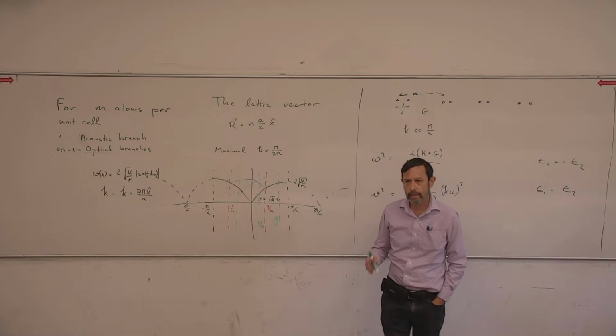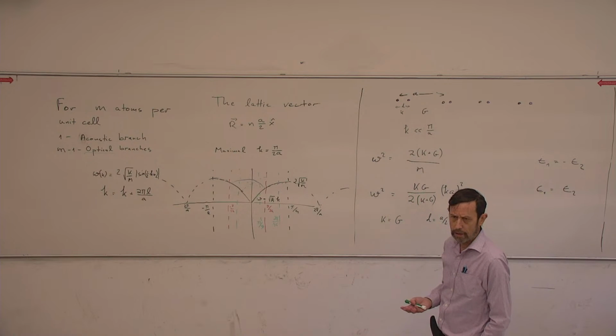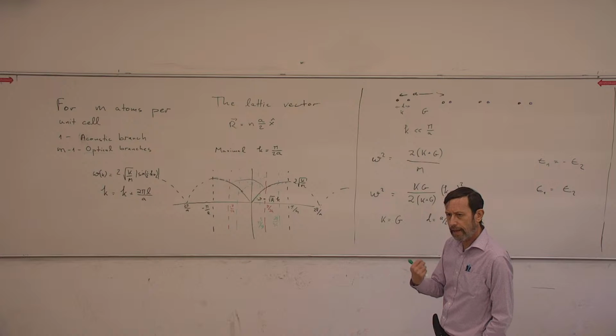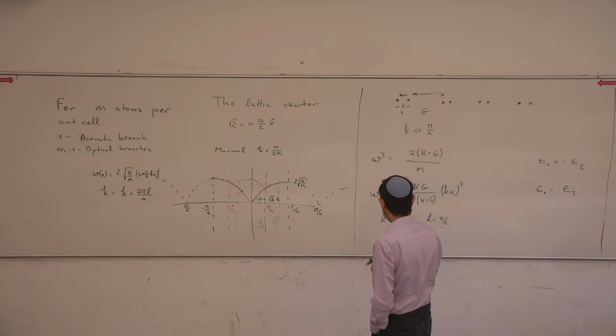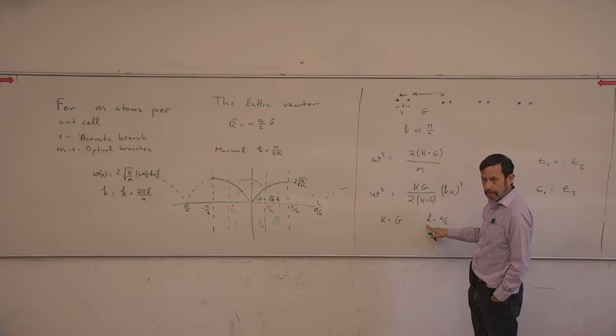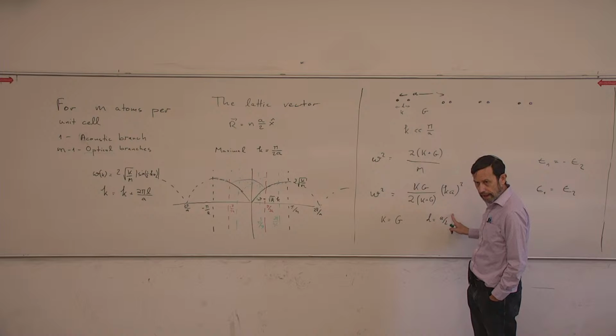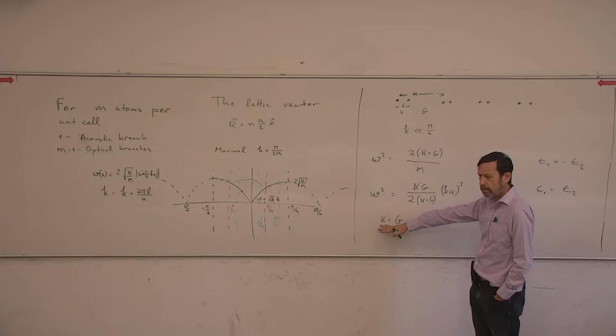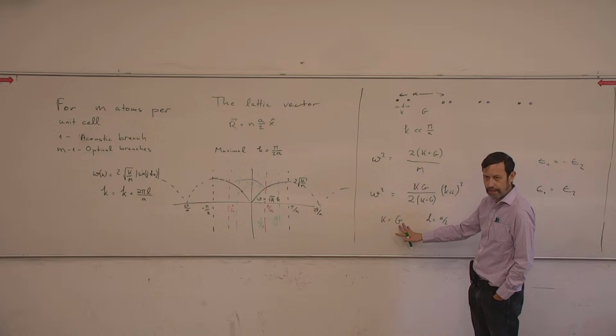Okay, now you can come and tell me, look, here you took only a very special case. K equal G, d equal A over 2. What happens, let's say, if k is not exactly G?